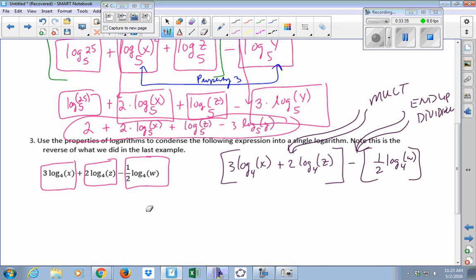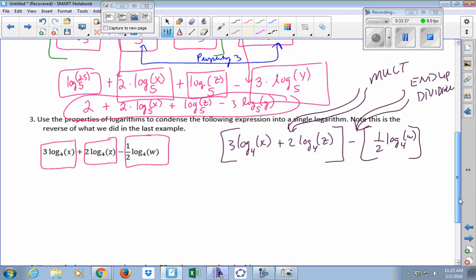So in my mind, and again, you want to do it in pieces most likely, but in my mind, I know I'm going to have something like this. I'm going to have the log of a division, a quotient. And then I deal with what is my numerator individually and what is my denominator individually.